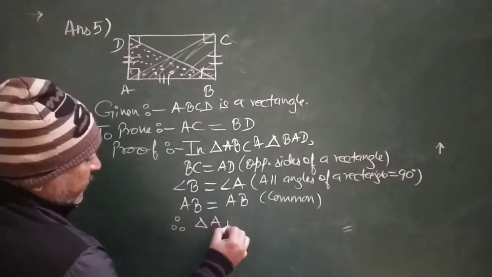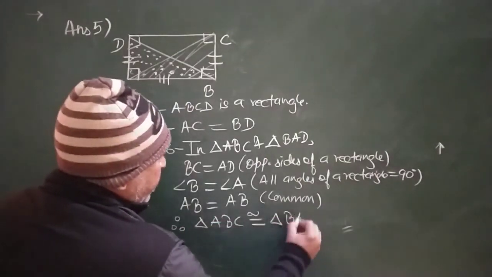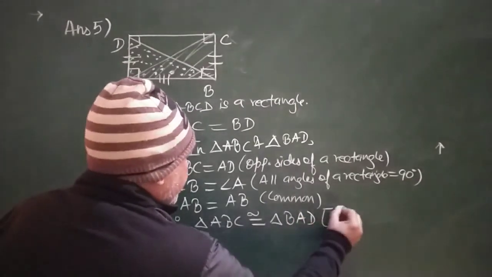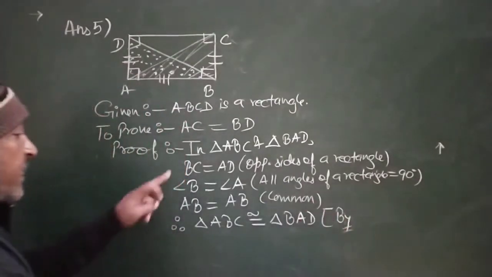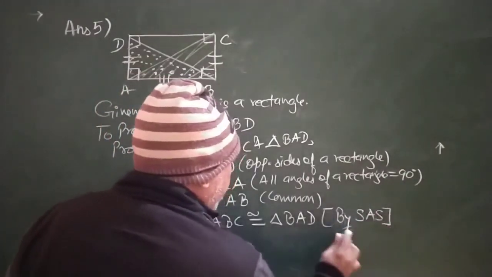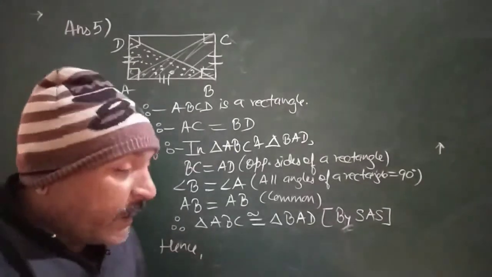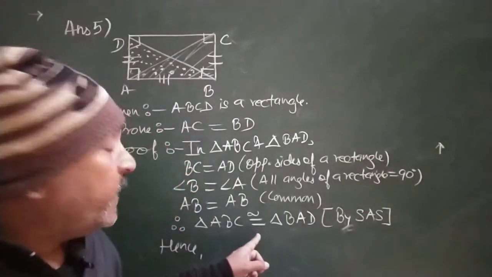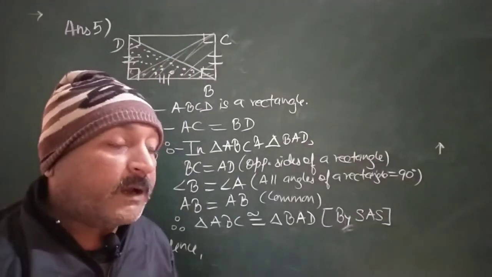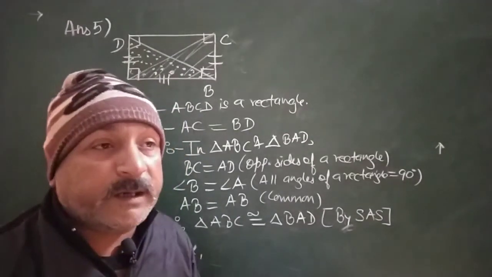Therefore, triangle ABC is congruent to triangle BAD by SAS. Hence, we all know that if two triangles are congruent to each other, all their corresponding angles and corresponding sides are equal to each other.